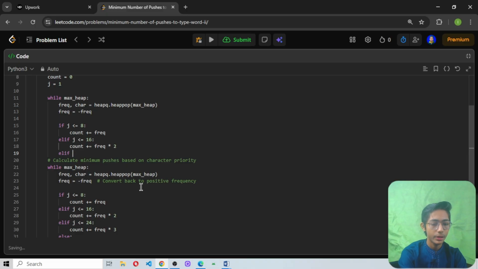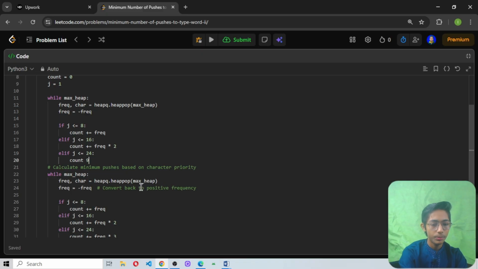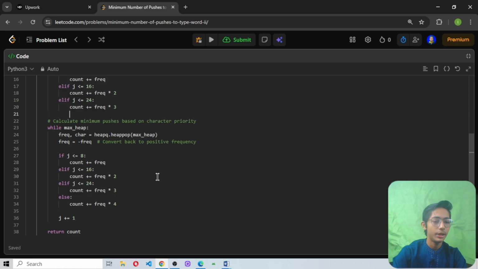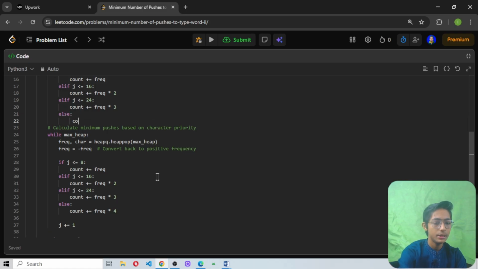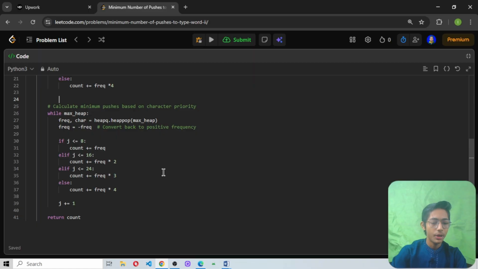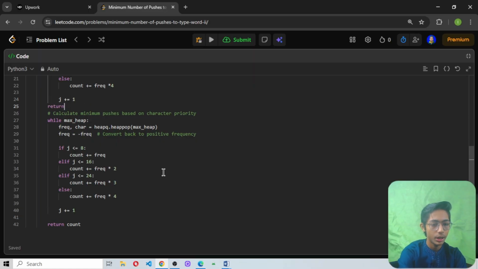Elif j is less than or equal to 24, count plus equals frac multiplied by 3. Perfect. Now else, count plus equals frac multiplied by 4. Then j plus equals 1, and return count.